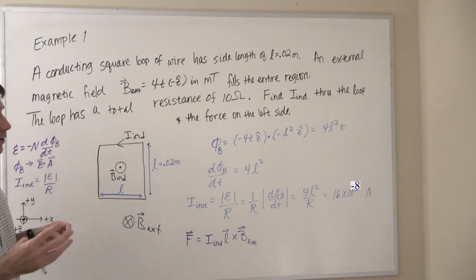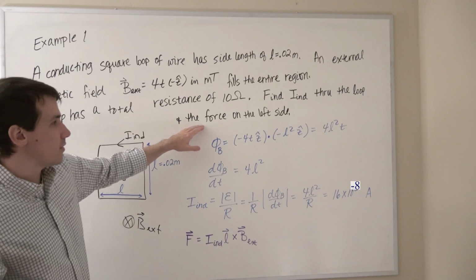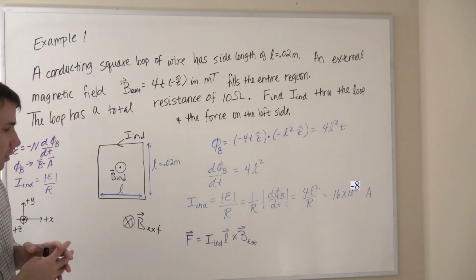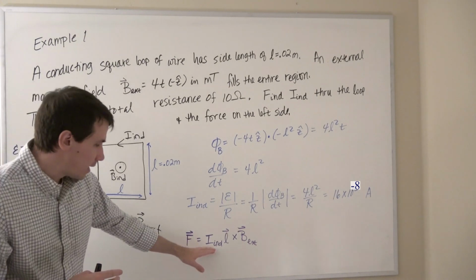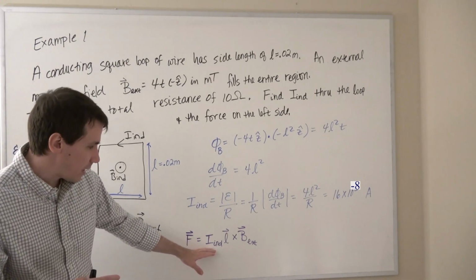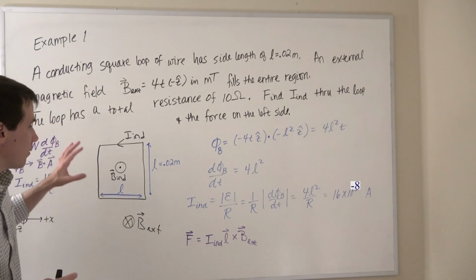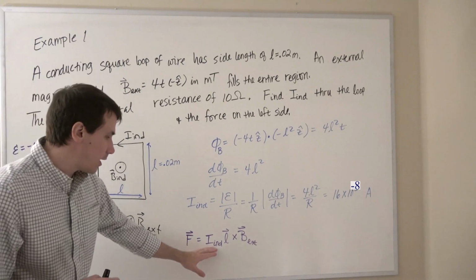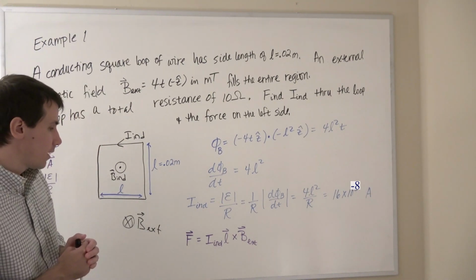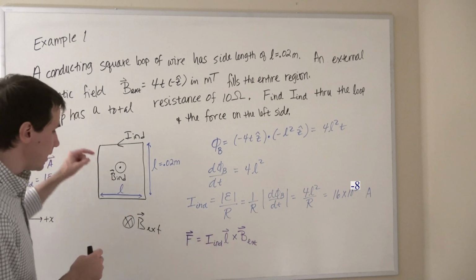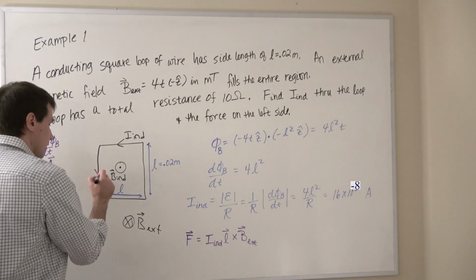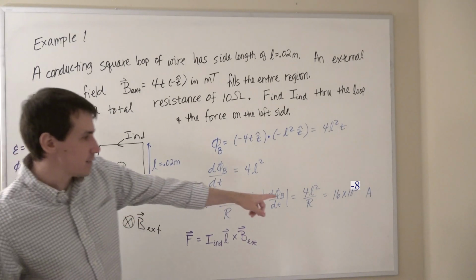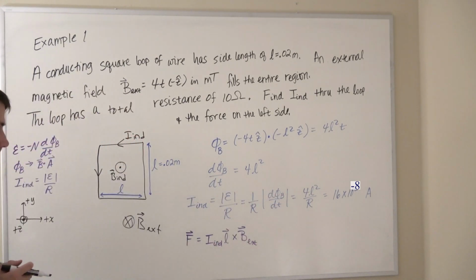Now, our final task is to find the force on the left-hand side of the loop. To do that, we're going to take the induced current and find the force due to the external magnetic field on this current. I know that my induced current on the left side of the loop is pointing down, and I know that it has this value here.